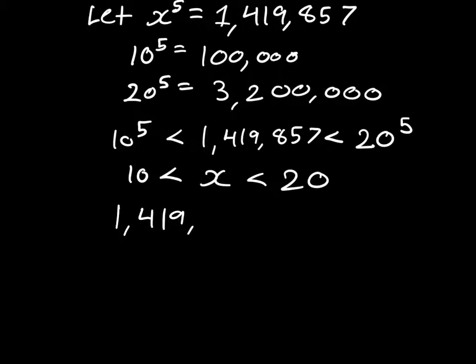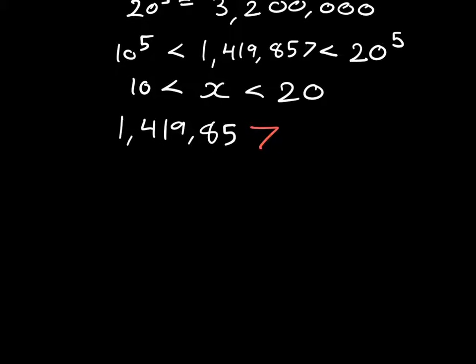the target number ends in a 7, which is pretty important because we can make a table of integers from 1 to 10 and what they end in when raised to the fifth.